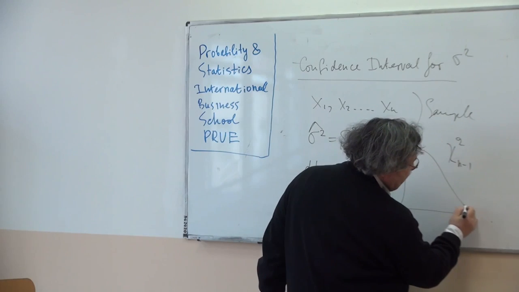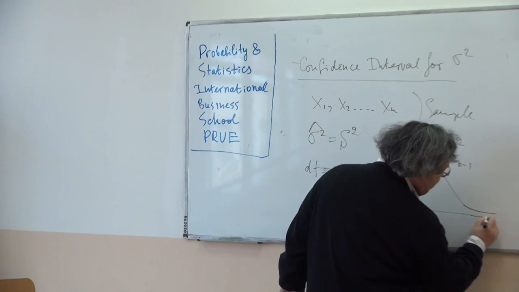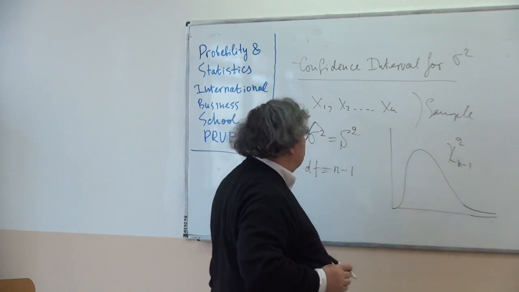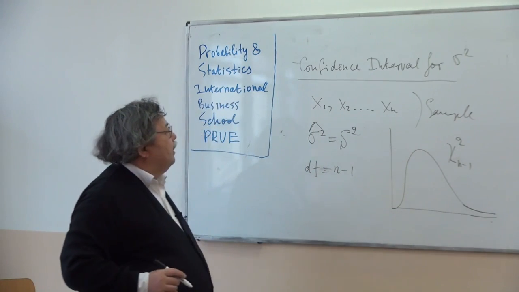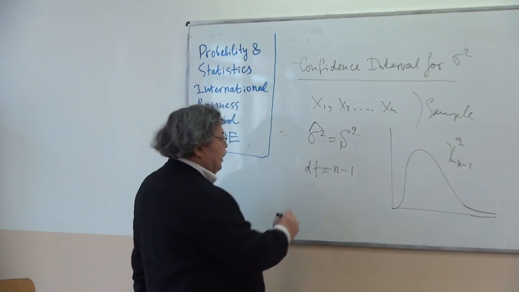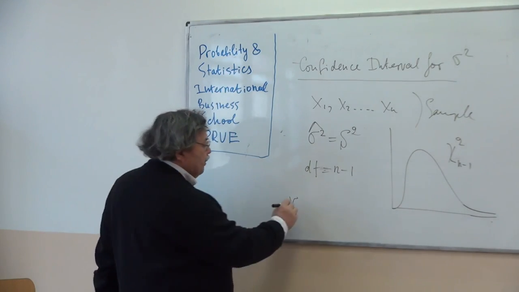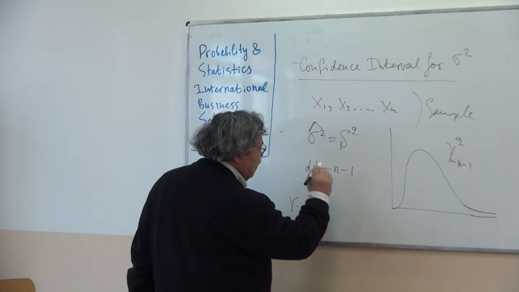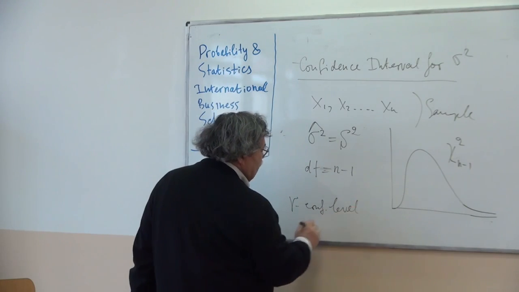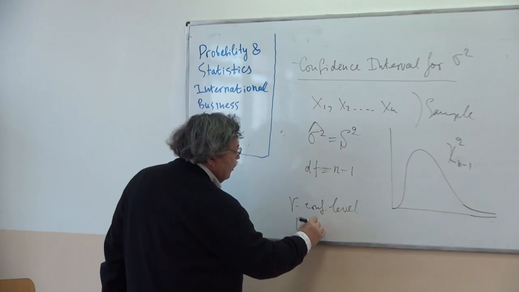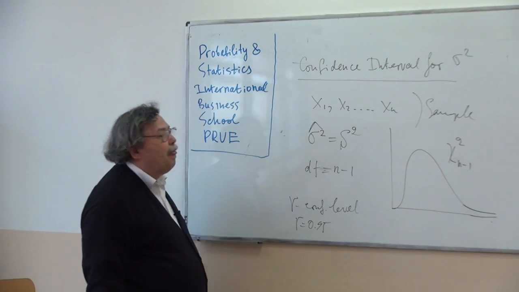Let's make this tail more visible like this, because it's important for us here. Okay, and now we postulate a certain confidence level, which typically is 0.95.